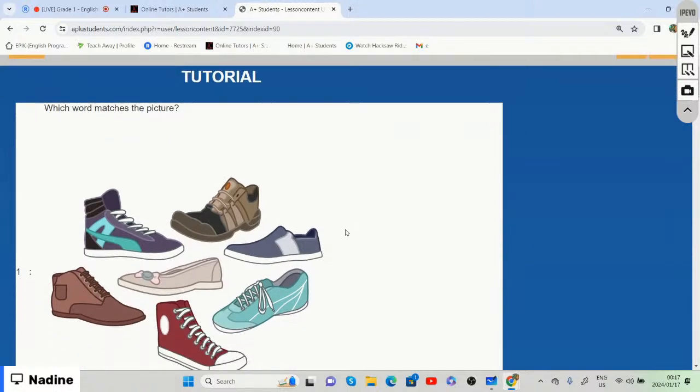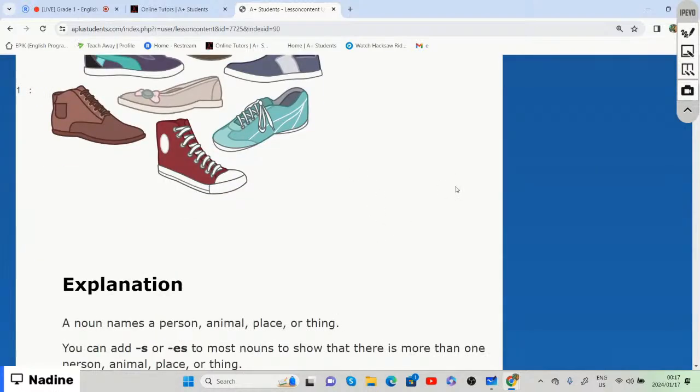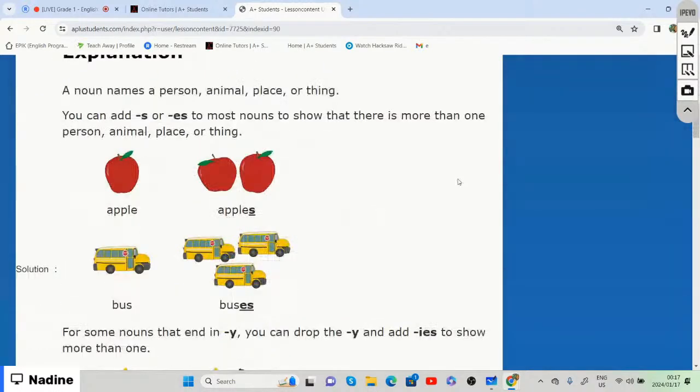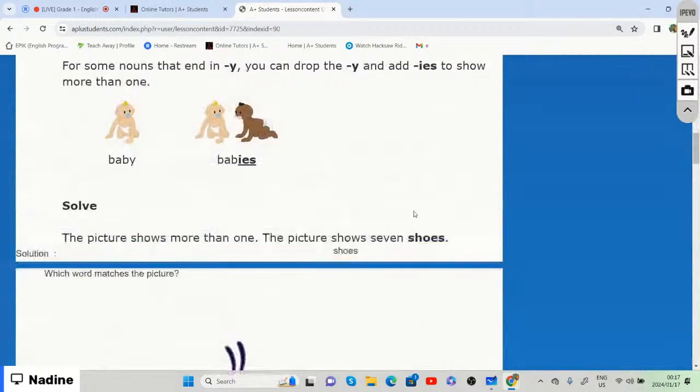All right. So now we're going to say which word matches the picture. In the picture, it shows more than one. That is correct. It shows more than one, which means that it is a plural. But the other picture shows 7 shoes.